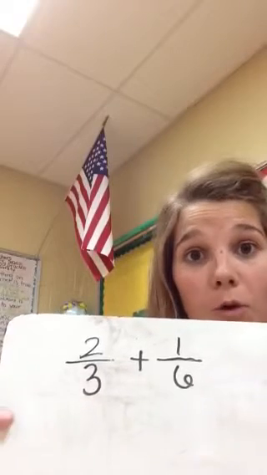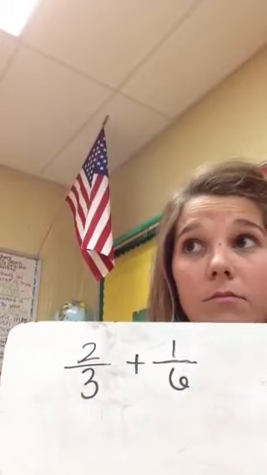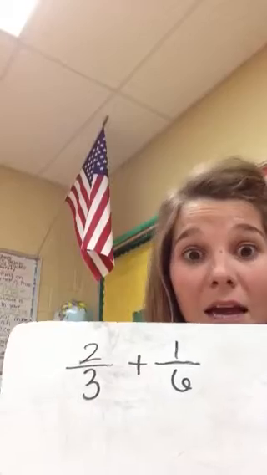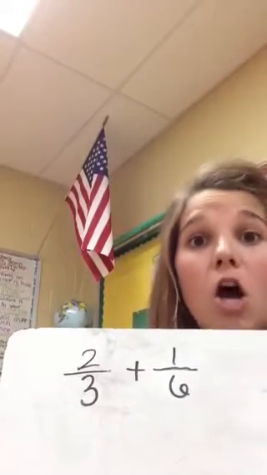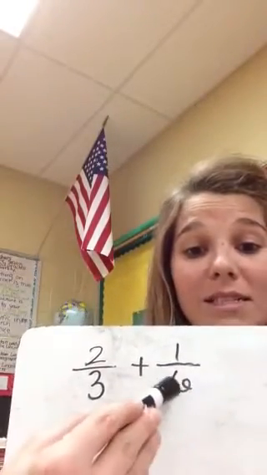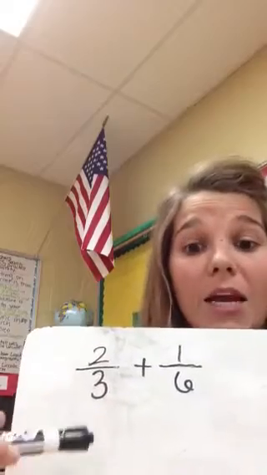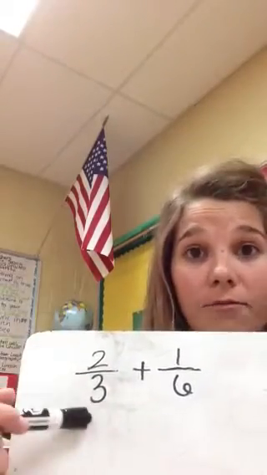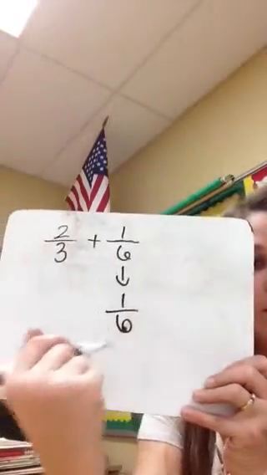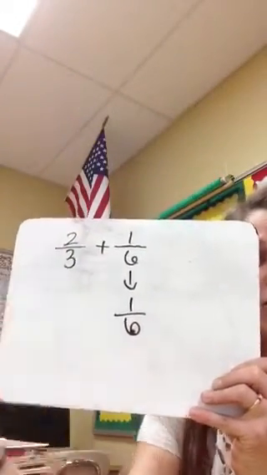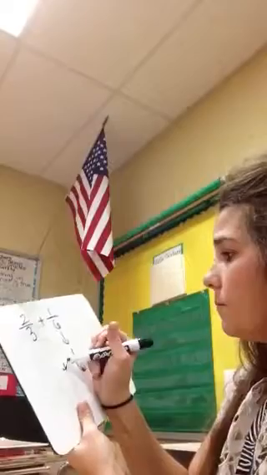For example, will 3 go into 6? 3, 6, 9. Yes, 3 will go into 6. So that means I can keep the 1/6 the same and only change this fraction. So I'm making it easier on myself. So I'm going to keep 1/6 the same. So I rewrote it down here. Now I just need to change my 2/3.